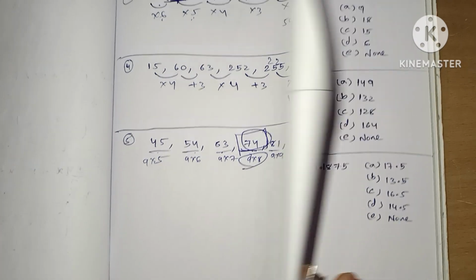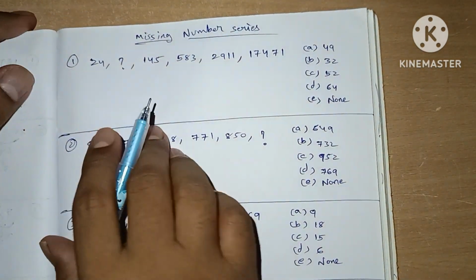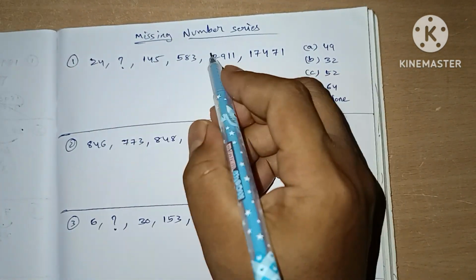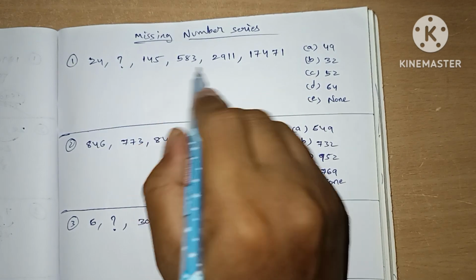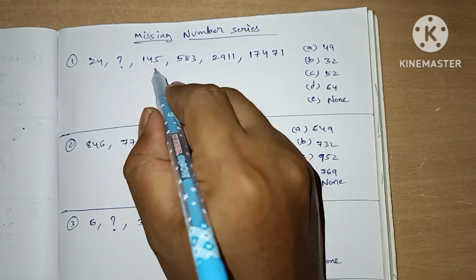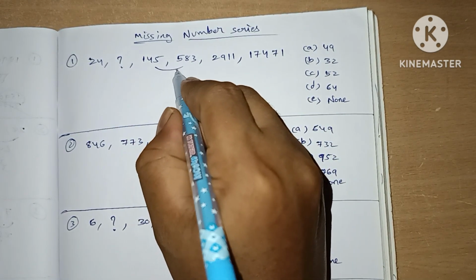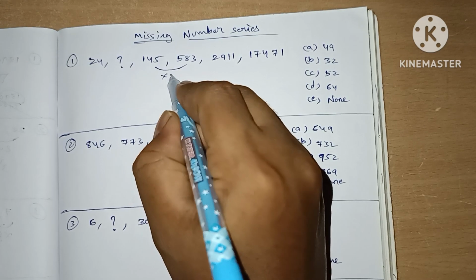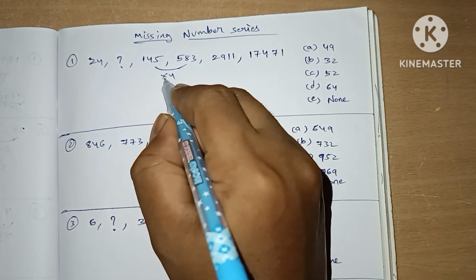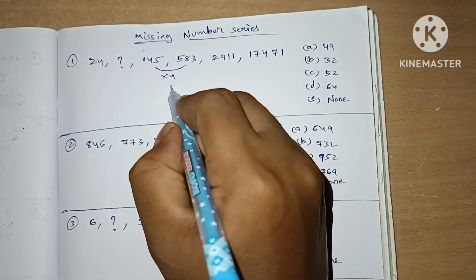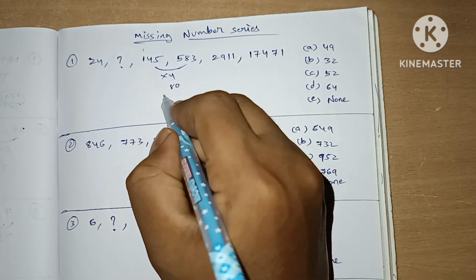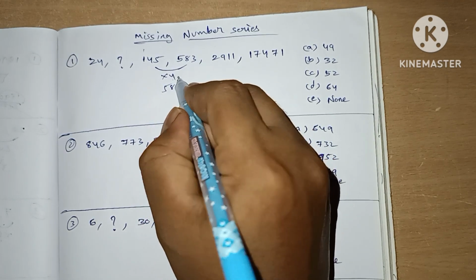Now we are going to see missing number series. First, in this case, it is nearly 4 times. 4 times means 180, 580. Plus 3.